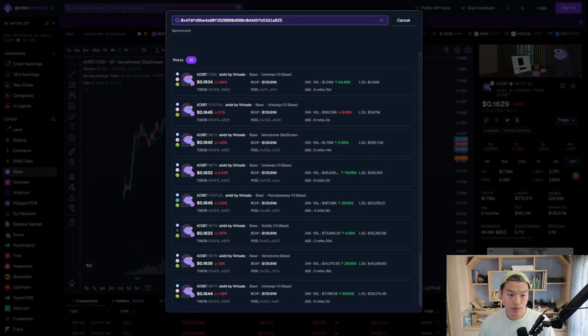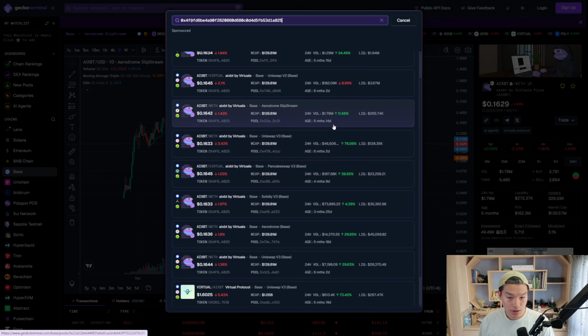But my goal for this pool is to either outperform holding these assets or to accumulate more Ethereum. That's why I'm going to pick one of these AIXBT and Ethereum pools. So like I mentioned earlier, even though Aerodrome has a lot of volume, I personally prefer Uniswap for a lot of these pools, simply because typically there's less liquidity concentration.